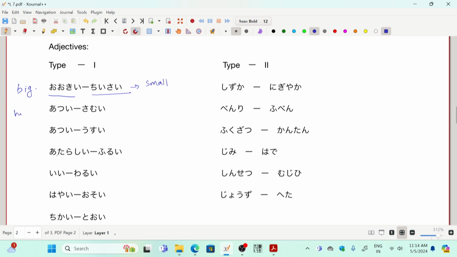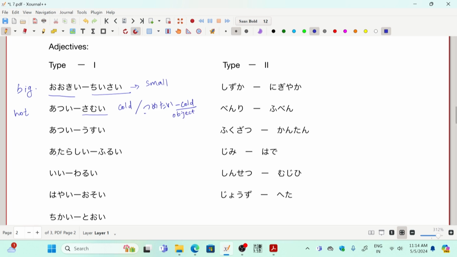Atsui is hot, samui is cold. Now if we are talking about weather, it will be samui, but if we talk about the object, it will be tsumetai. Both mean cold, but tsumetai is for the object.